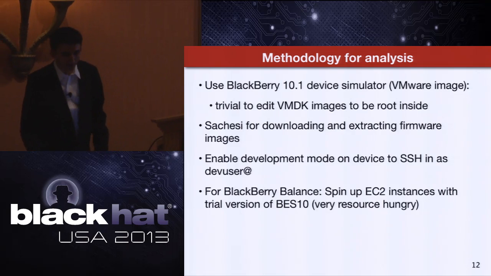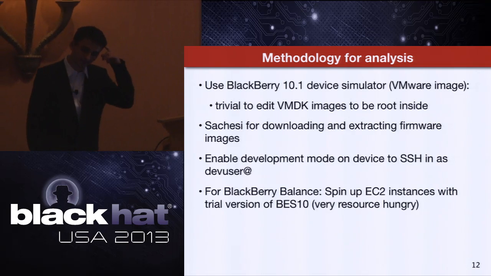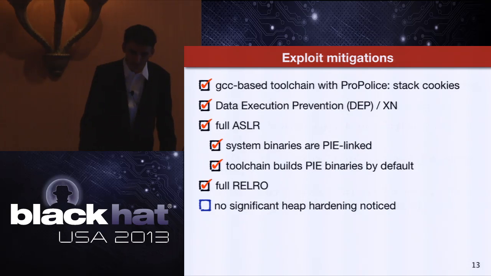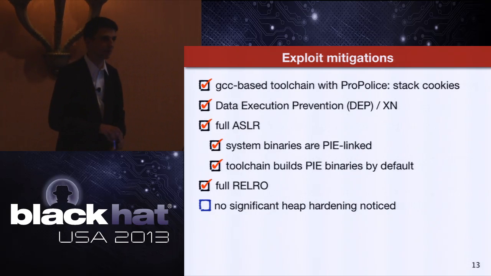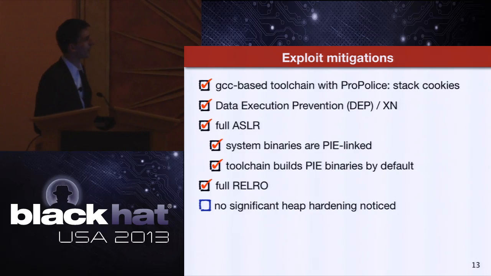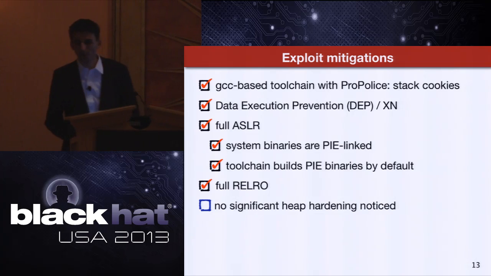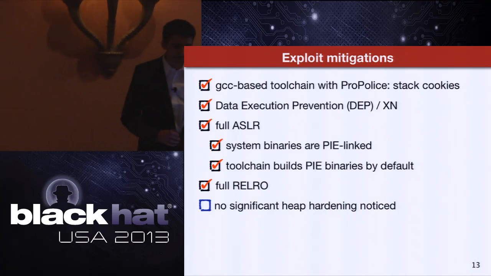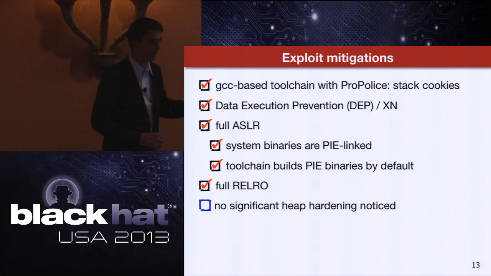Okay, so after I had done that, the next step, because I really care about memory corruptions, I had a look at the exploit mitigations on the platform. And they're actually quite good, except for one thing. So they have a toolchain with ProPolice built in. They use data execution prevention, so the XN bit on ARM.